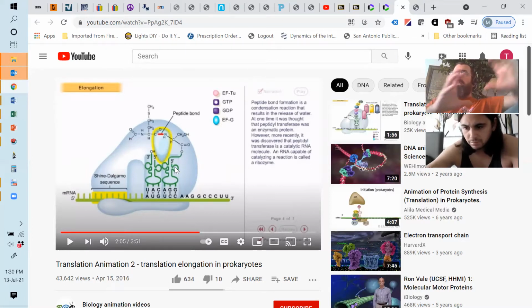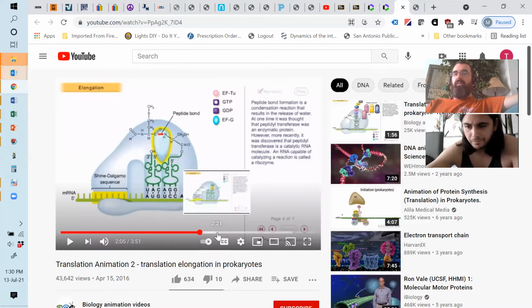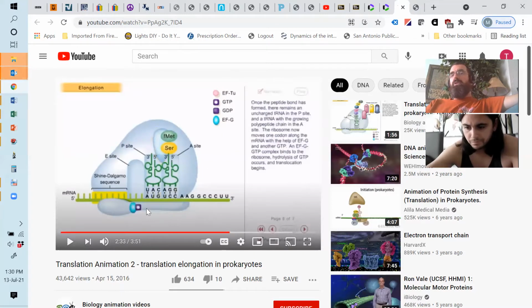Once you've done that, you need to move the whole shebang along 3 bases, right? 1 codon. So the next codon that needs to have a tRNA attached to it is going to be the AAG, whatever that codes for. And that's carried out by another elongation factor and another unit of energy, right?